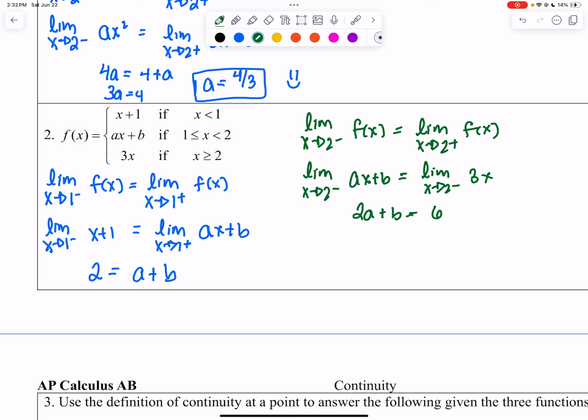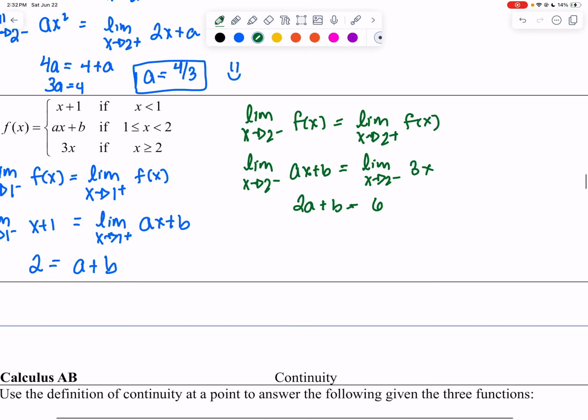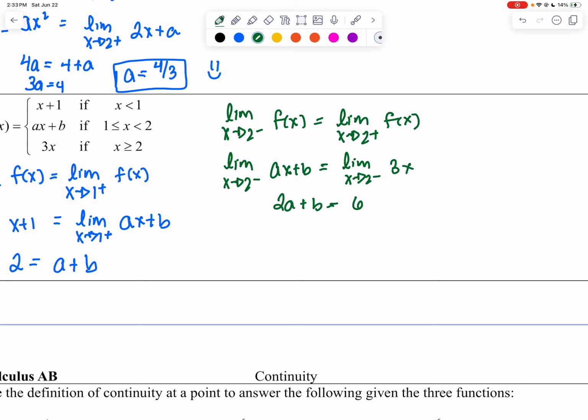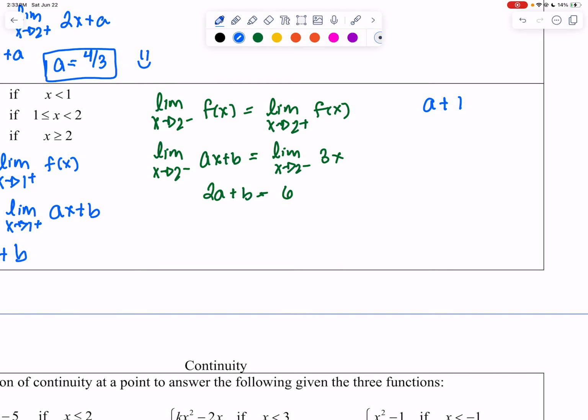So now I have 2a plus b is equal to 6, and 2 is equal to a plus b. Interesting. A plus b is equal to 2, and then 2a plus b is equal to 6. I have 2 equations. I'm going to use a system, and I'm going to use elimination to figure out what my a and b values are.